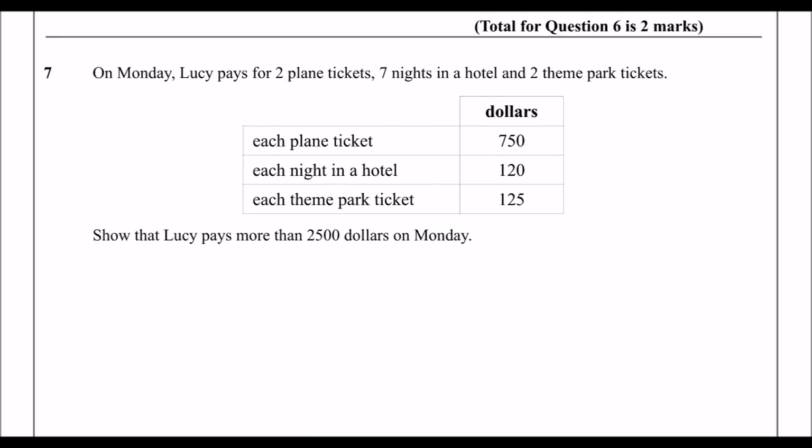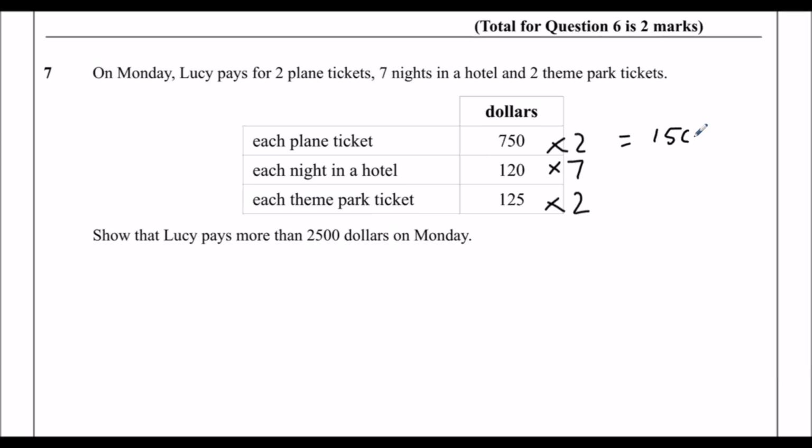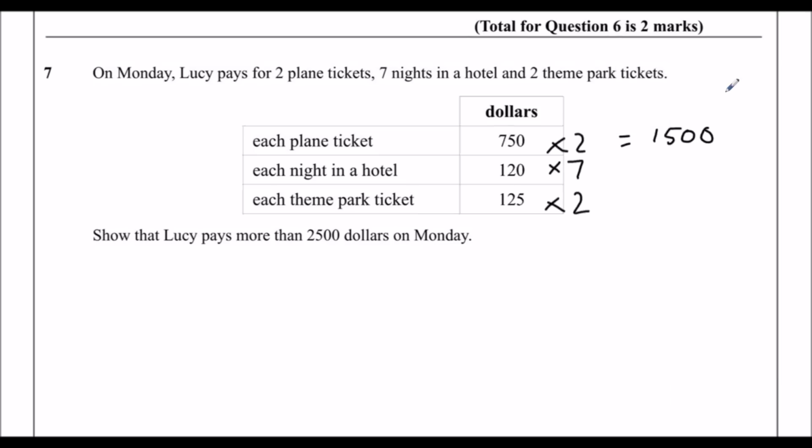On Monday, Lucy pays for 2 plane tickets, 7 nights in a hotel, and 2 theme park tickets. Show that Lucy pays more than $2,500 on Monday. So we've got 2 750s, which is 1,500. We've got 7 120s, which is 840.